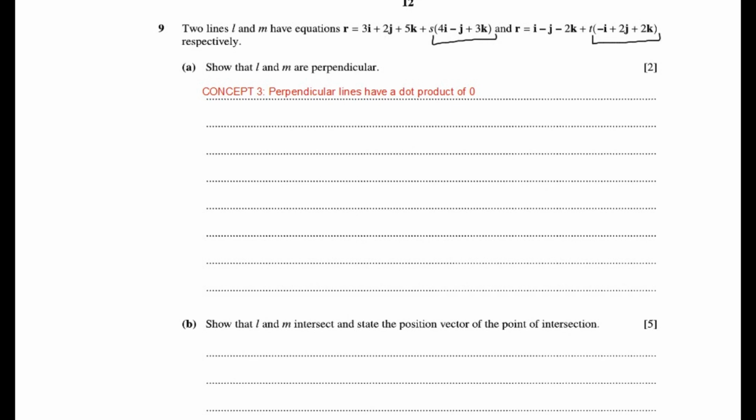So I've marked them here. So the dot product of these two, that is 4i minus j plus 3k dot minus i plus 2j plus 2k, we have to show that it's equal to 0.